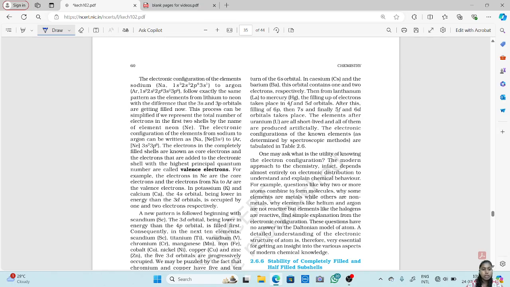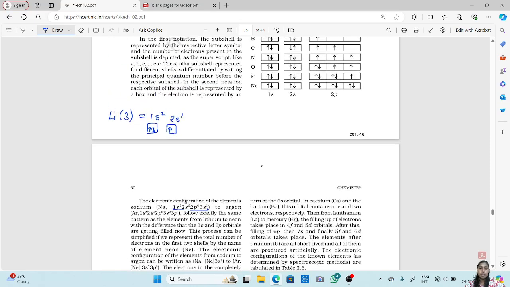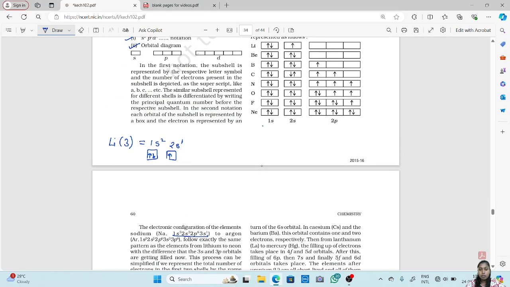The electronic configuration of the elements from sodium to argon can be written as, for sodium, [Ne]3s1. Instead of writing the entire configuration, neon is 1s2, 2s2, 2p6, right? This is the electronic configuration of neon, that is 1s2, 2s2, 2p6.